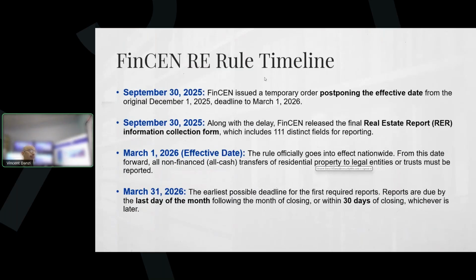So what that actually means is that we are going to have to start providing information to our clients much sooner than March 1st. Because if a transfer actually happens on March 1st, we want to actually be in a position to go ahead and make that report. We don't want to be waiting for the rule to go into effect to start our information collection. And we will go into the mechanics of that shortly.